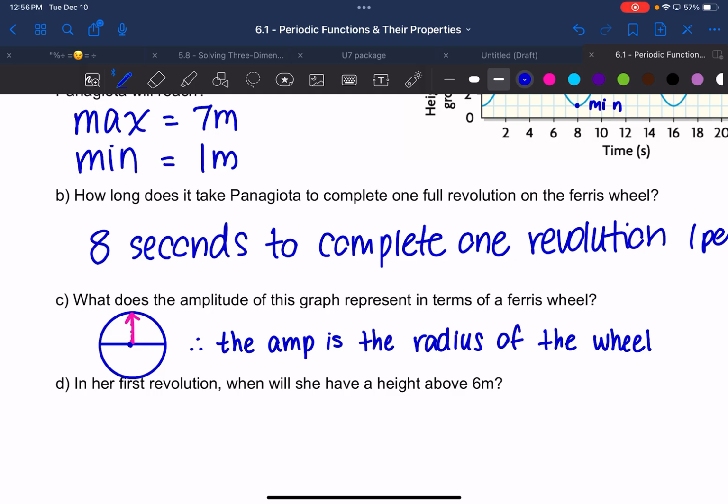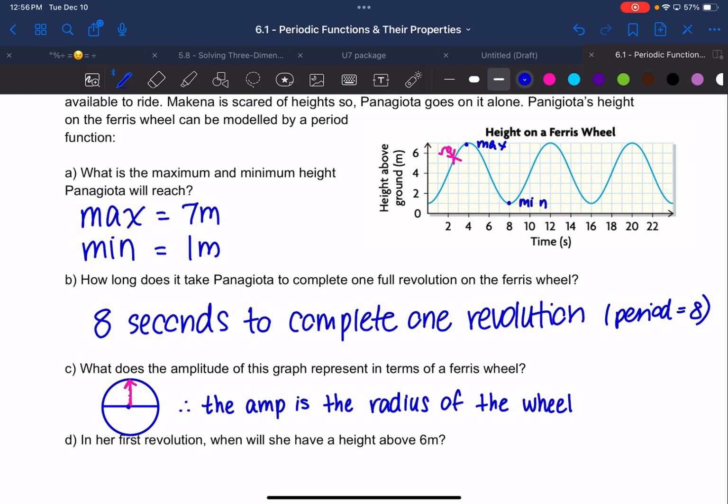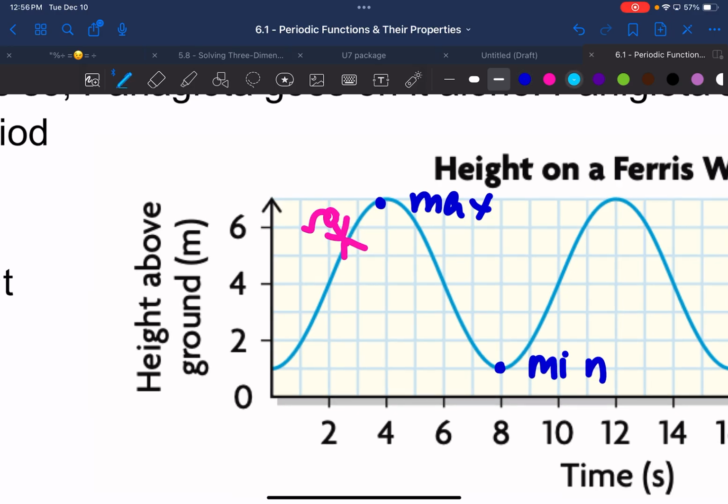Right? And then looking at just her first revolution, because we can see from this graph, she did 3 full revolutions. She did like 3 full rides on this Ferris wheel. Just looking at her first revolution, when will she have a height above 6 meters? We got to zoom in and see, okay, she hits 6 at like this point. And then when does she come back down to 6? At 5 seconds, right?